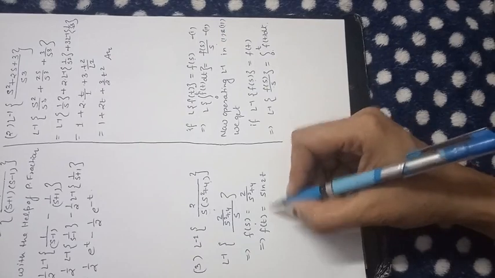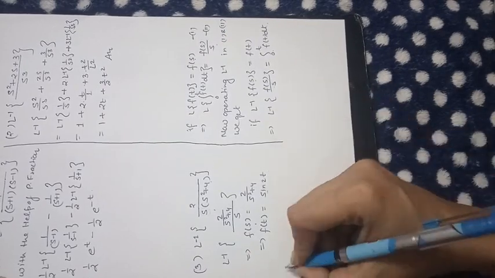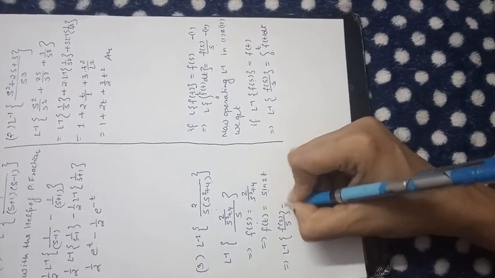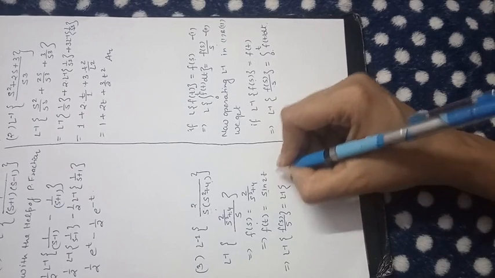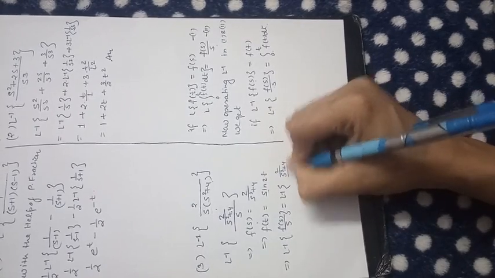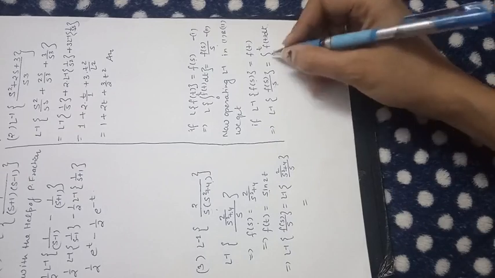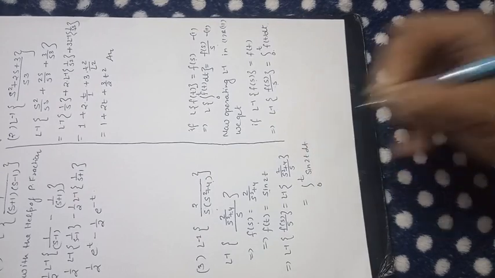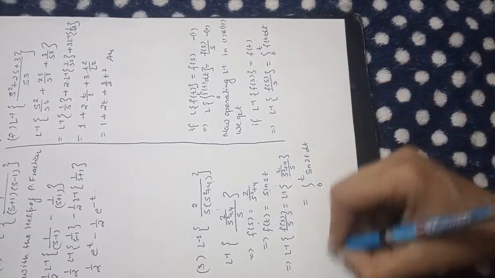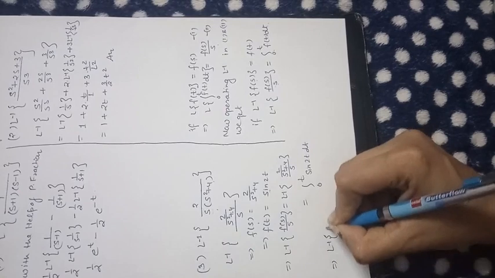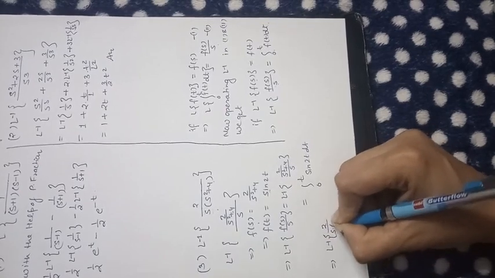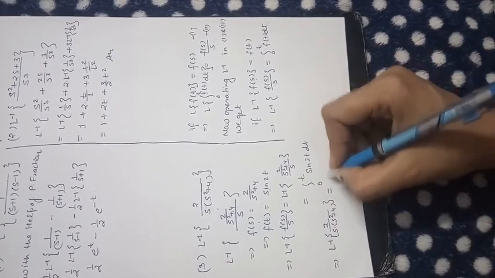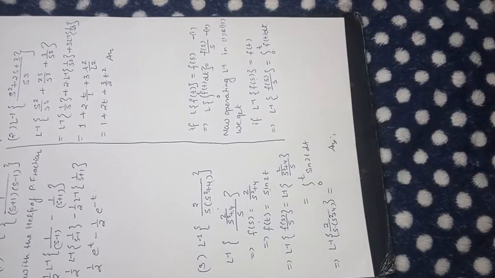Okay, if f(t) is equal to sine 2t, then this implies inverse Laplace transformation of 2 upon s square plus 4, upon s, with the help of this formula, is equal to integral from 0 to t of sine 2t dt. Okay, this implies L inverse of 2 upon s into s square plus 4 is equal to, integrate this and you will get the answer.